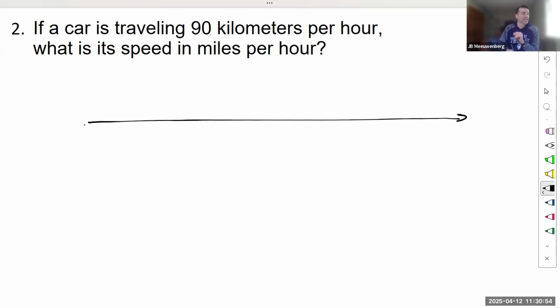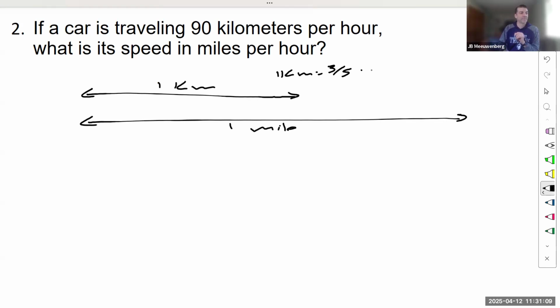I'm going to draw my 2 lines again. Here's 1 mile. Here's 1 kilometer. We know 1 kilometer is equal to 3/5 of a mile, and we know 1 mile is 5/3 of a kilometer.